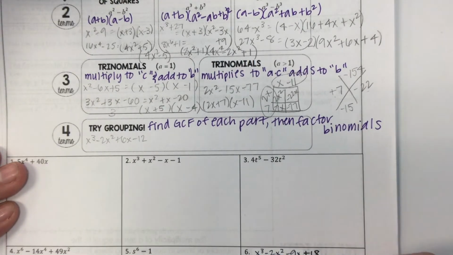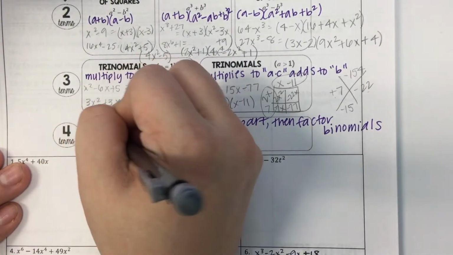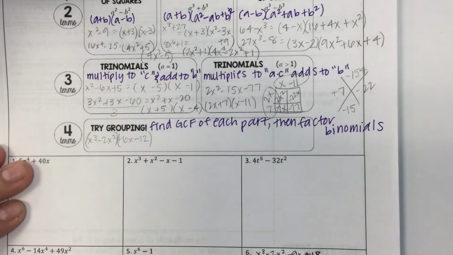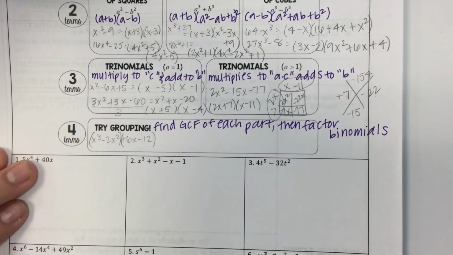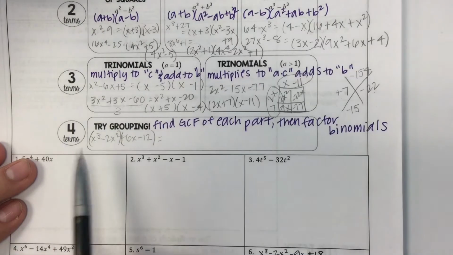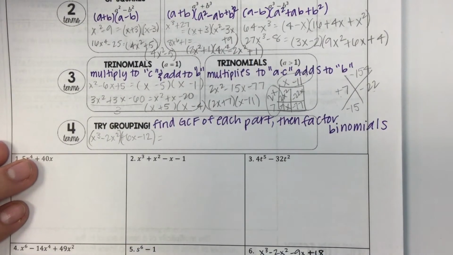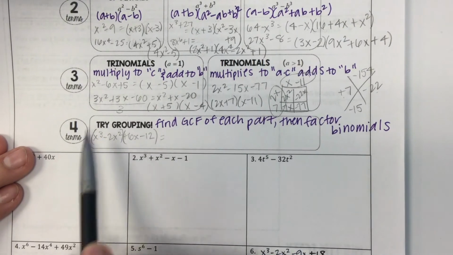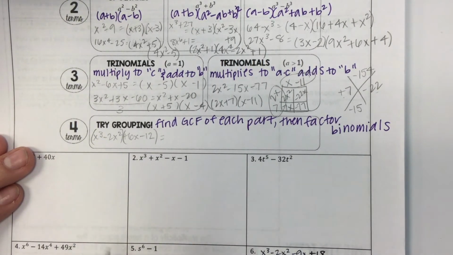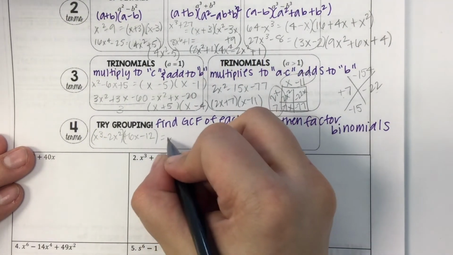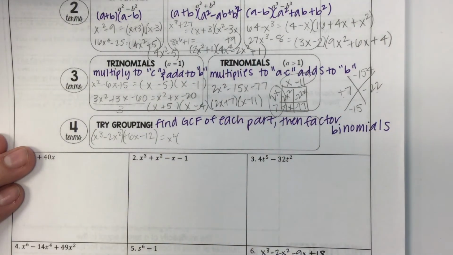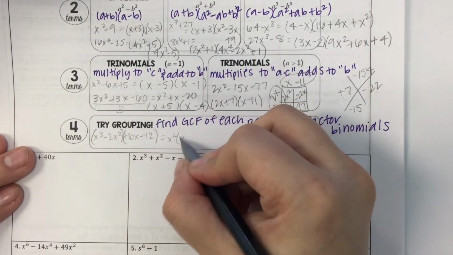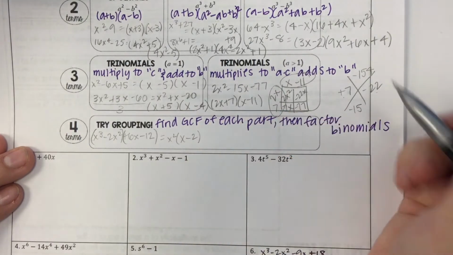So when I say grouping, I mean group the first two together and the last two together. Okay, and then I say, what can I take out of both of those? What is the greatest common factor I can factor out of x cubed and negative 2x squared? x squared. So what's left over when I divide by x squared? Well, x minus 2.